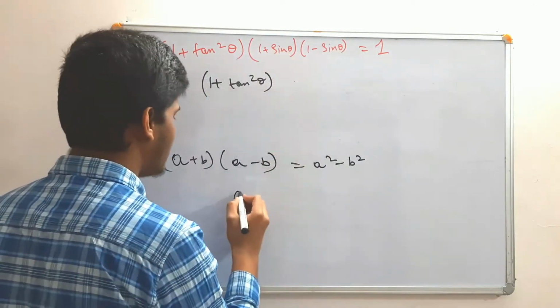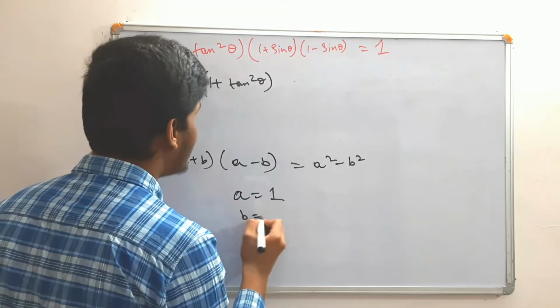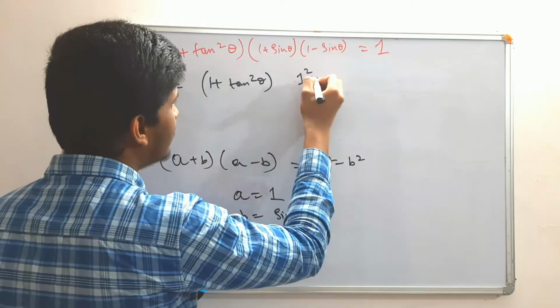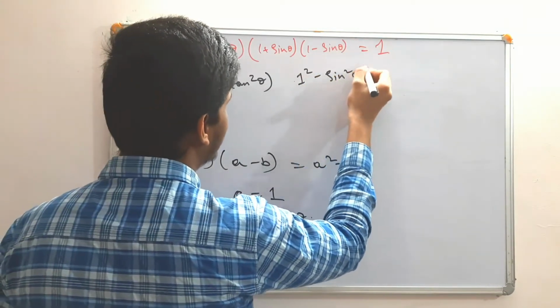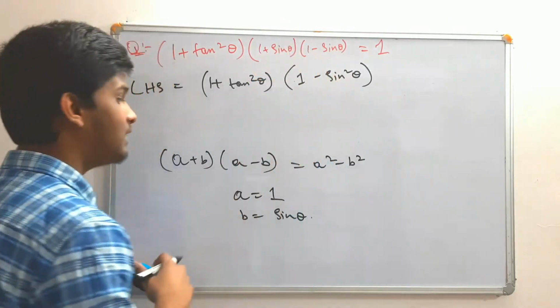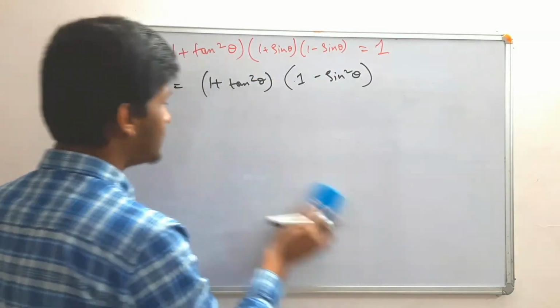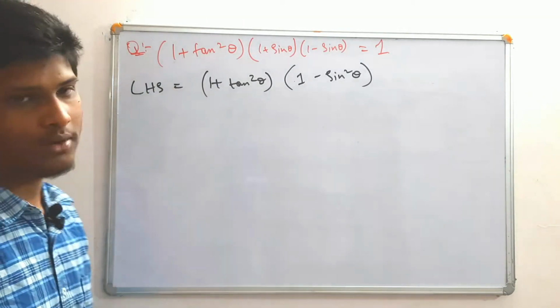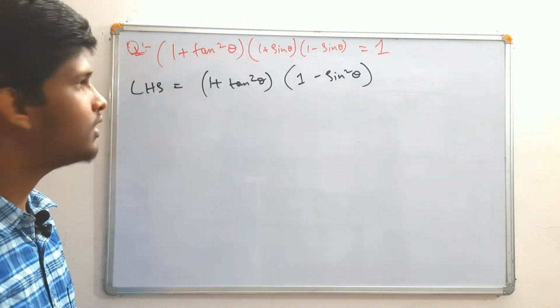So here what is A? Here A is 1 and B is sine theta. So 1 square minus sine square theta. 1 square is 1 only. So like that we got 1 plus tan square theta multiplied by 1 minus sine square theta. Super.